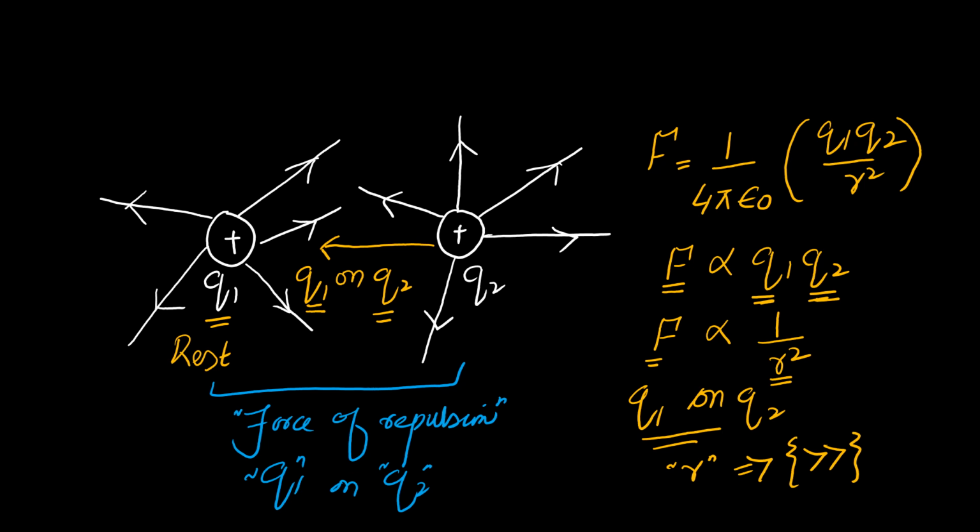So basically, dear student, this force of repulsion due to a positive charge depends on the field lines around the positive charge. The net amount of field lines around charges is basically known as electric field, whereas the strength of the electric field at different points is basically known as electric field intensity.